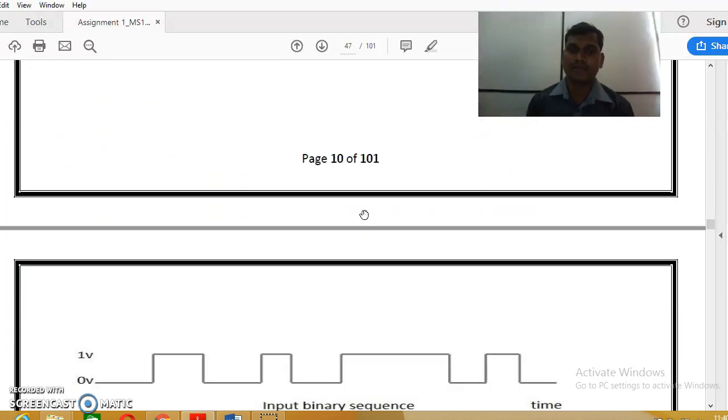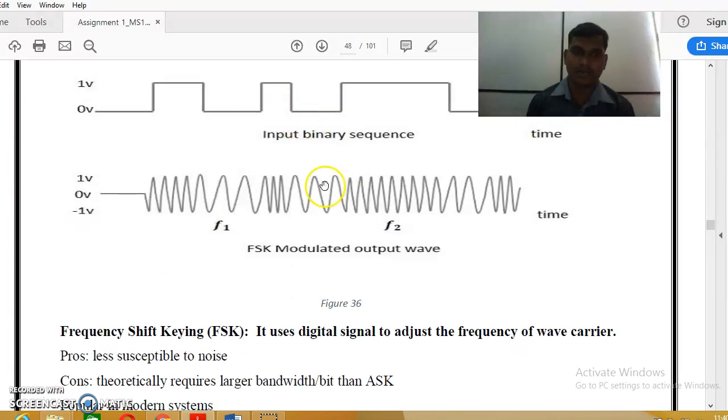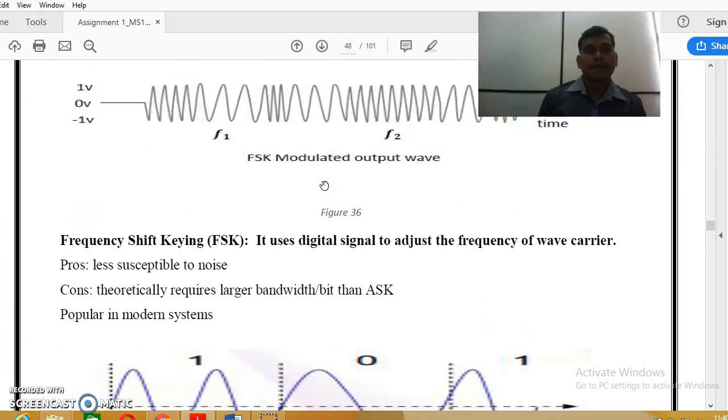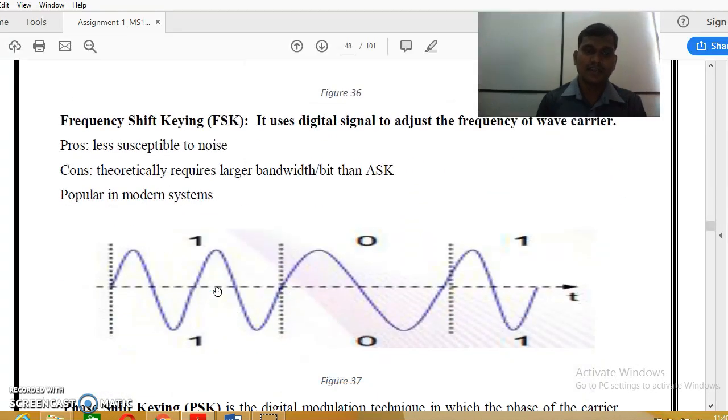The following diagram is represented. Frequency shift keying uses digital signals to adjust the frequency of the carrier wave. FSK is less susceptible to noise, but theoretically requires larger bandwidth than ASK.